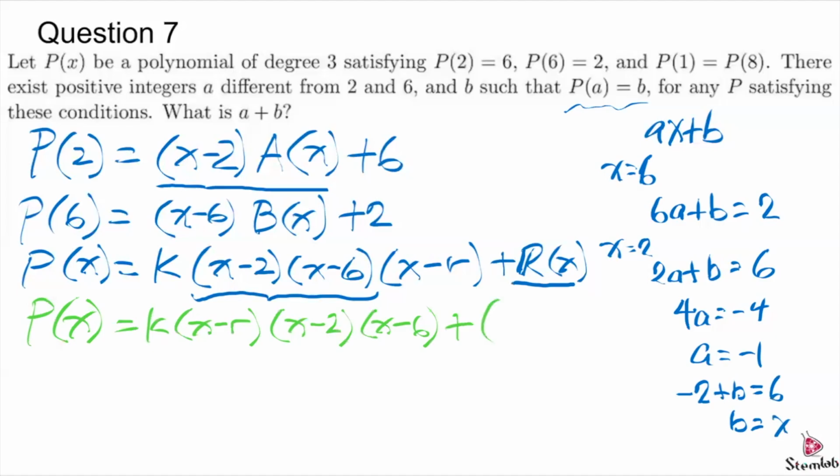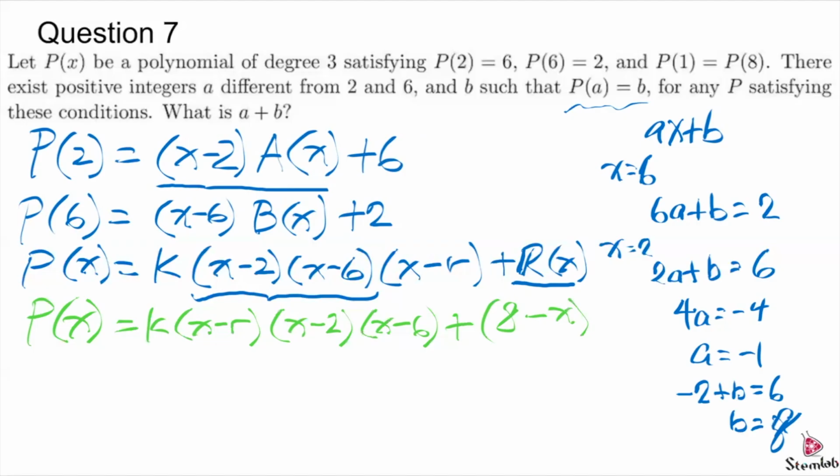Oh, why did I write that there? Let me correct this: b equals 8, sorry. Putting it all together, we have 8 minus x as the form of the remainder when dividing by the quadratic x minus 2, x minus 6.